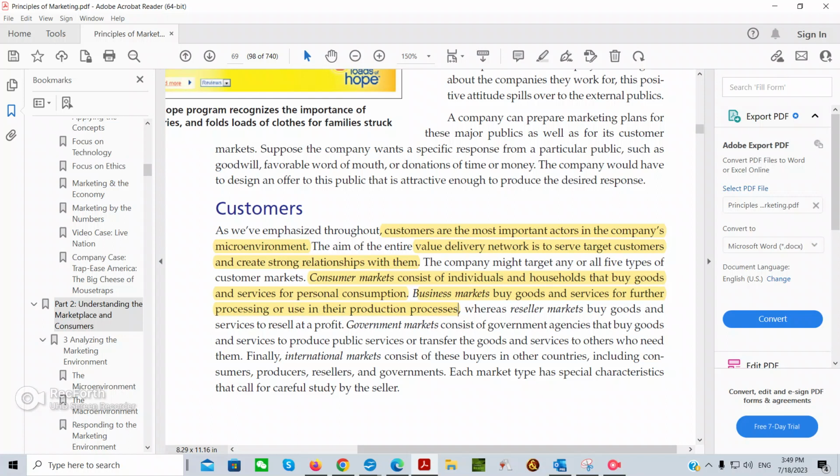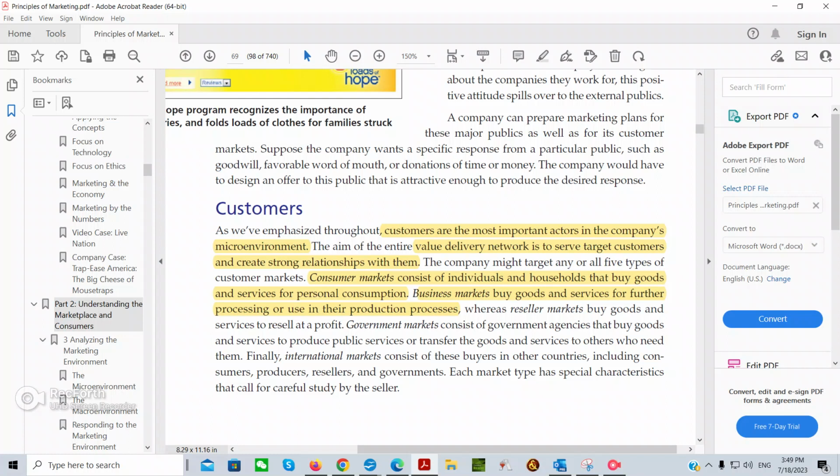Whereas reseller markets buy goods and services to resell at a profit. Government markets consist of government agencies that buy goods and services to produce public services or transfer the goods and services to others who need them. Okay, so basically, if you think about that, it's kind of like they have employees who do it or they have contractors.